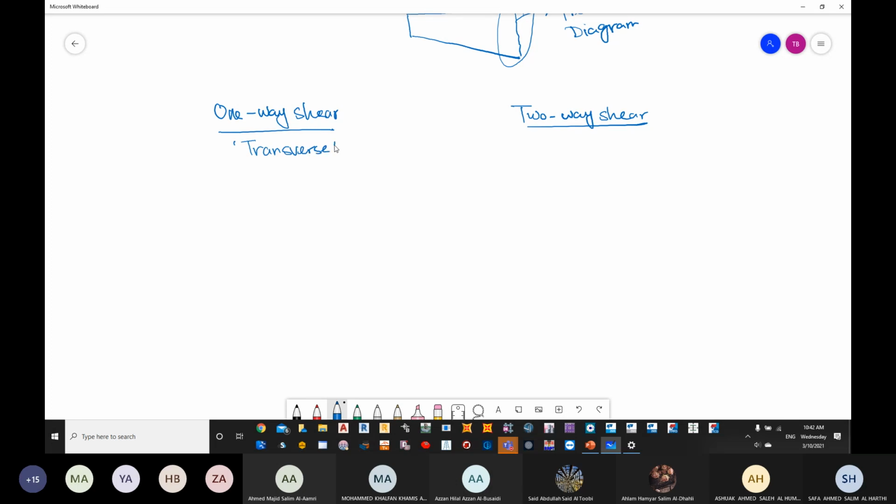Another name which is widely known for two-way shear is punching shear. So we have punching and we have transverse, or one-way shear and punching. Sometimes they also call it beam shear, because it takes one line. Anyhow, any of the names are fine, but you should know punching because it's more widely used for two-way shear.